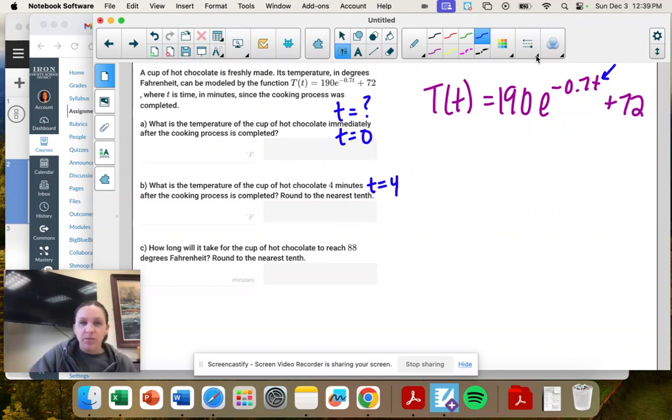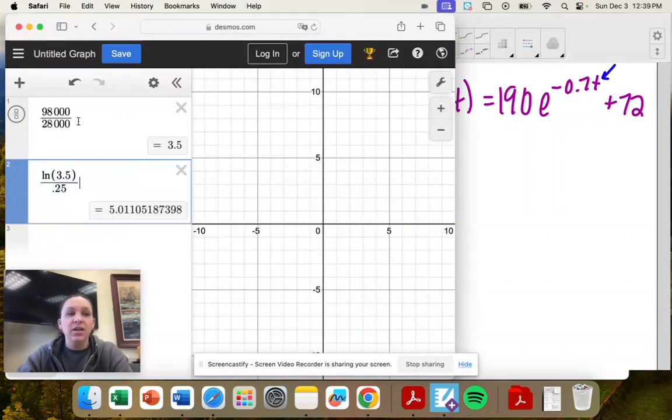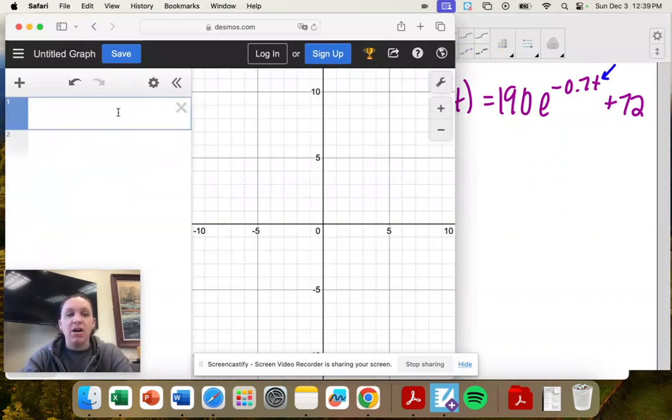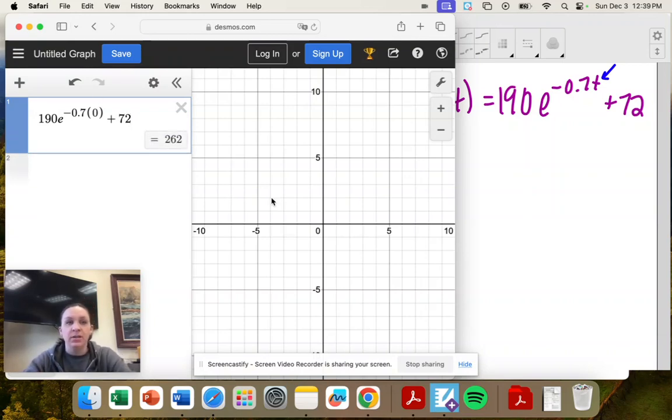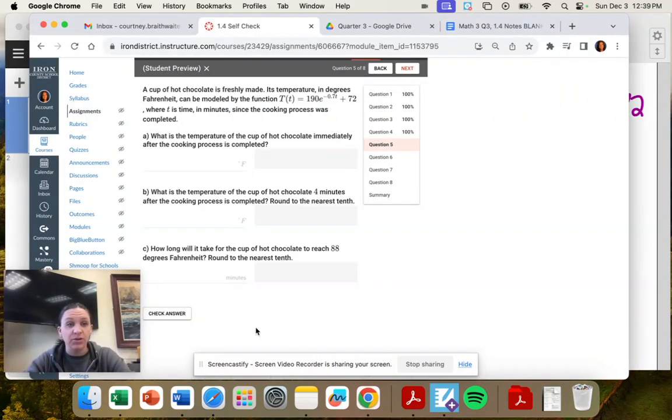So for our first one, we're going to put t equals 0, and I'm just going to copy the thing. 190 e to the power of negative 0.7 times 0 plus 72. So 262 degrees. Dang.